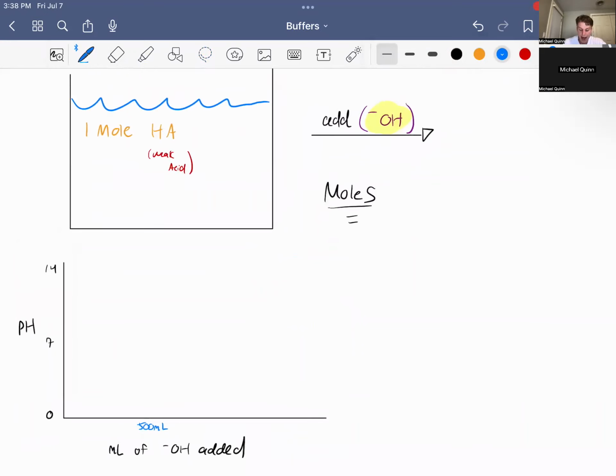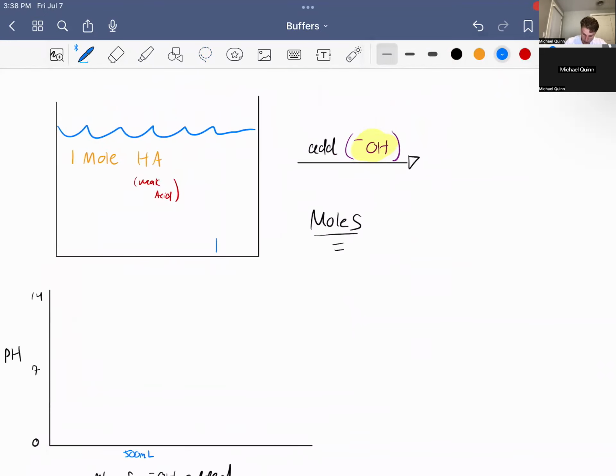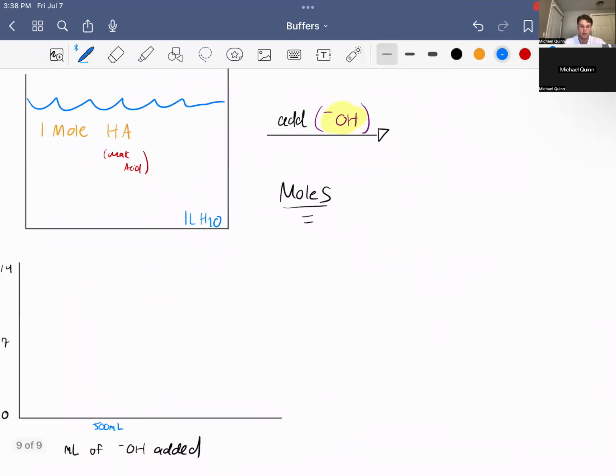So if we add 500 milliliters of our base to, let's say, 1 liter of H2O, we need to know one more piece of information. We need to know the concentration of that OH minus solution that we are adding to our beaker.